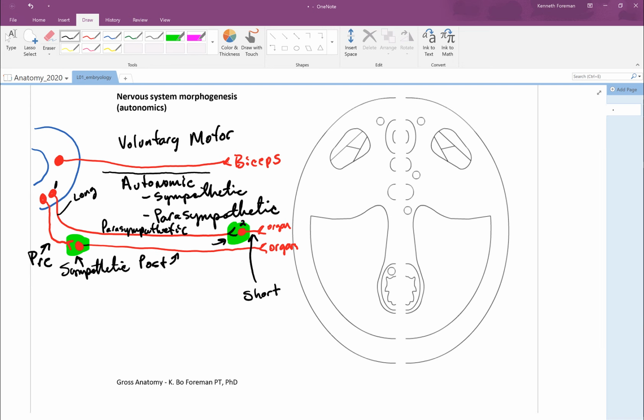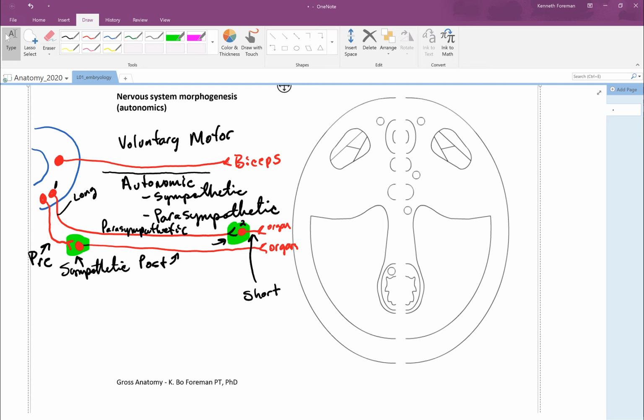Not always, but that'll give us a little bit of insight. The other location that the sympathetics can be is what we call prevertebral. And I'll show you a picture of those, but that would be similar to your superior and inferior mesenteric ganglion.